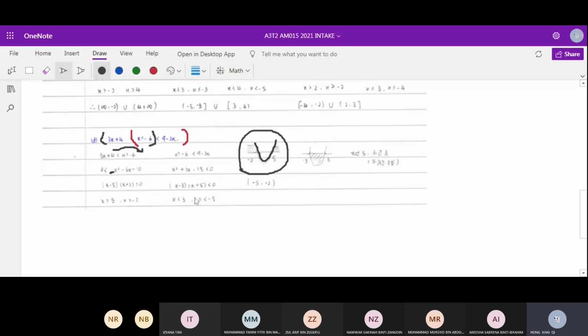Then more than 0, you need to take above the line here. You shade it black. Here is negative 2 and here is 5. So we'll get x more than 5 here, and x less than negative 2 here.